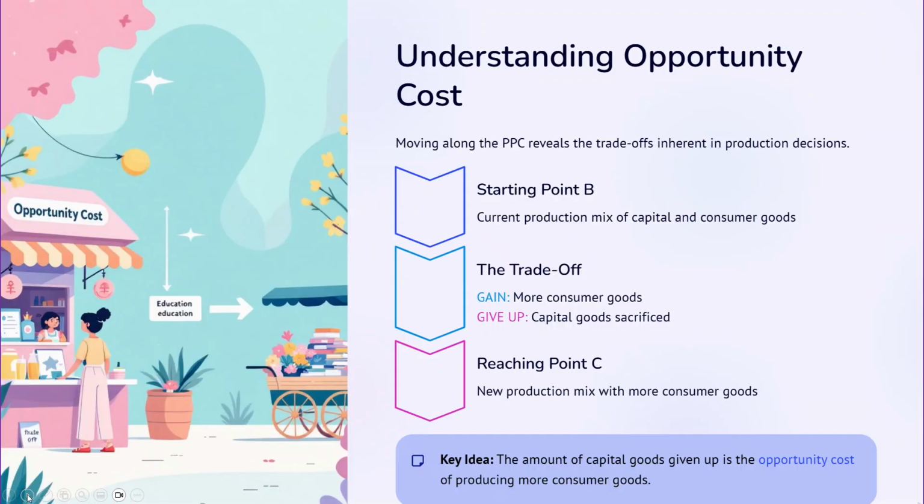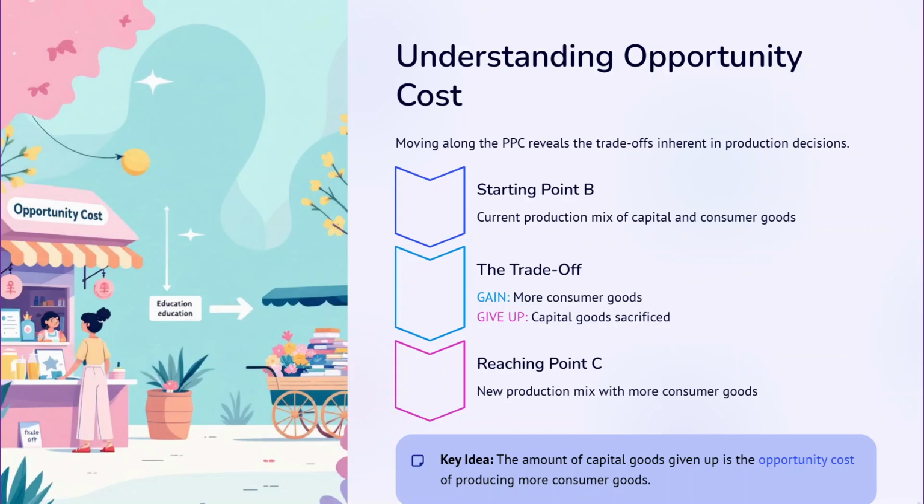This is where the PPC truly shines. It beautifully illustrates opportunity cost. Let's say our economy is currently at point B, producing a certain mix of capital and consumer goods. Now, imagine the government decides it wants to produce more consumer goods, so it moves from point B to point C. To gain the extra consumer goods, what did we have to do?